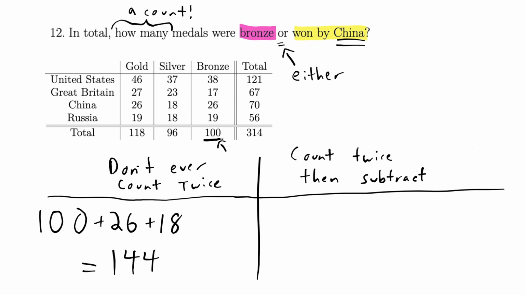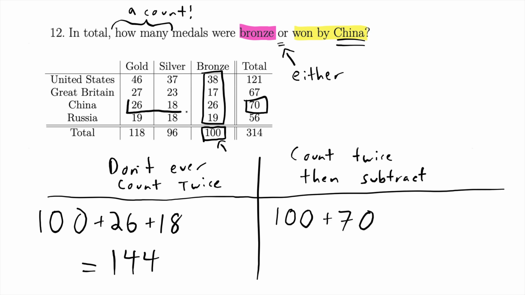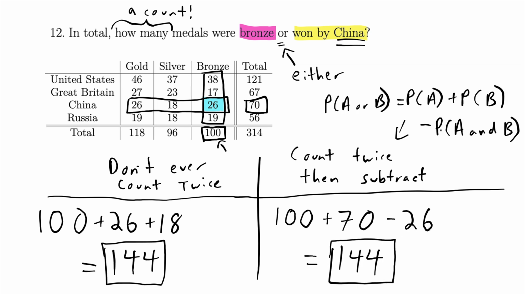We'll count the 100 medals. We'll count the 70 medals. That was all these. And then we will see that we have counted the 26 medals that were both bronze and won by China twice. So we want to remove those. We want to reduce our count. Subtract that.